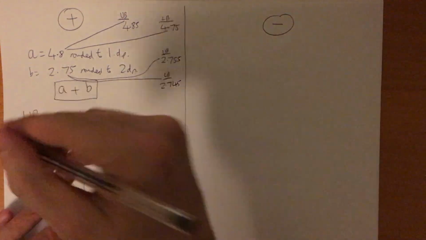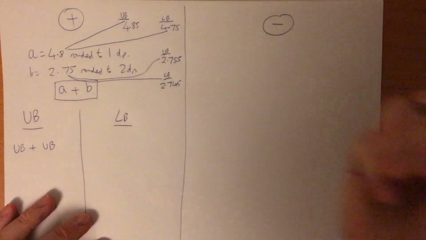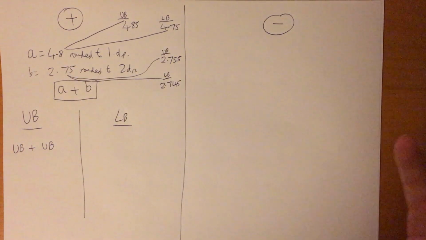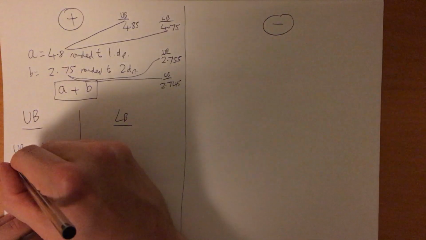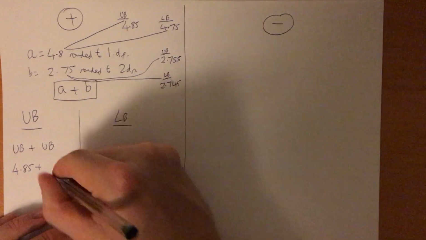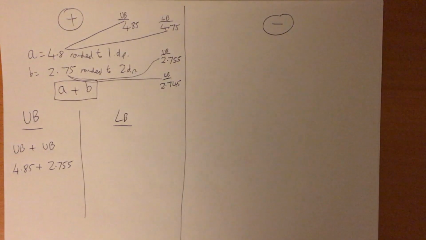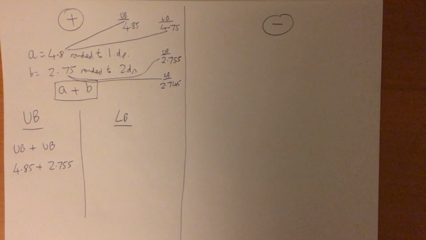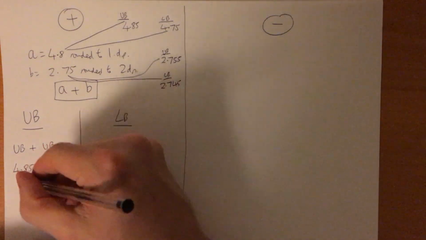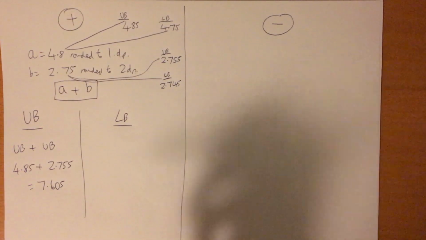So to get the upper bound, when you add them, it would be upper bound plus upper bound, because that's going to be your two biggest answers added together to get your biggest answer. So in this case, 4.85 plus 2.755. Let me just use my calculator for that. 4.85 plus 2.755 is 7.605. So that's the biggest possible answer that it could be.